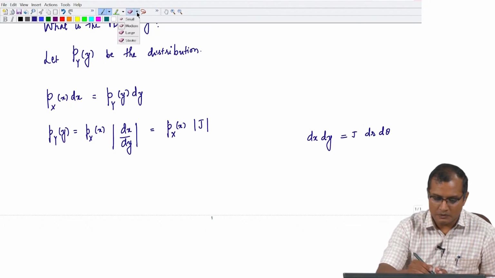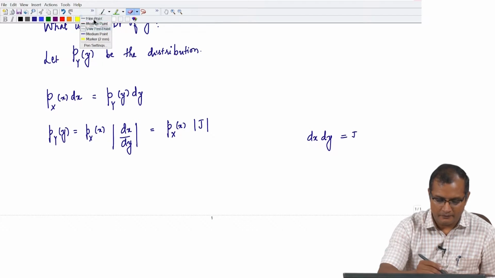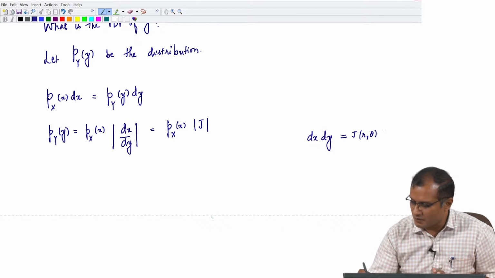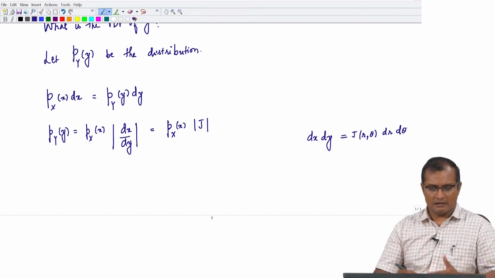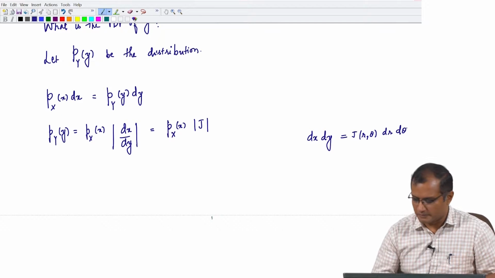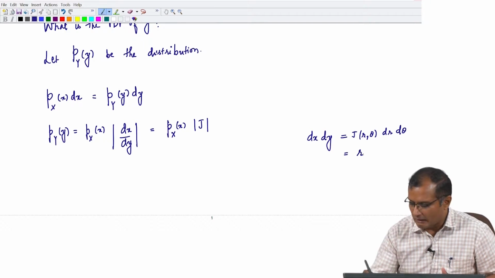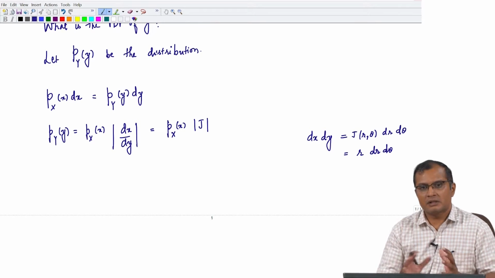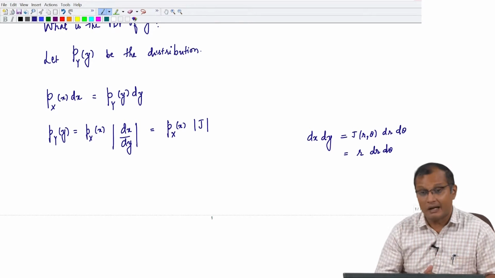So, I am just going to write down, in general it is a function of the new coordinates in which I am taking my old coordinates, and I will discuss in the following lecture that this Jacobian is nothing but r. So, the 2 dimensional coordinate transformation from Cartesian to polar involves the Jacobian, that is r here.